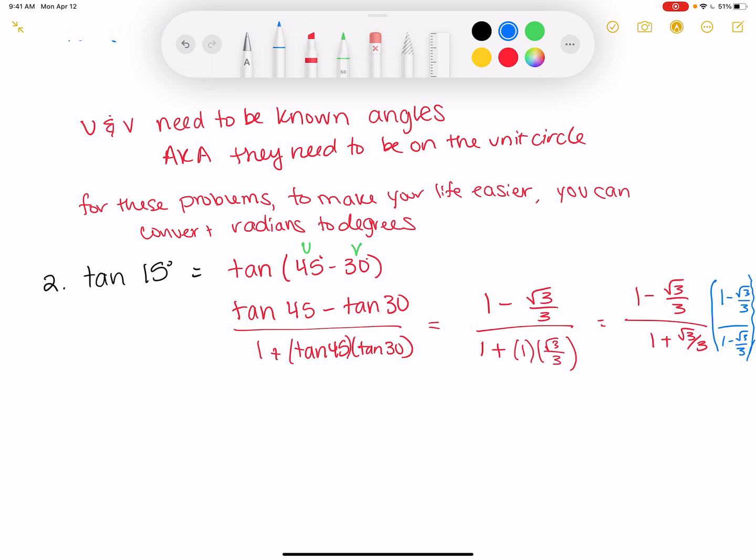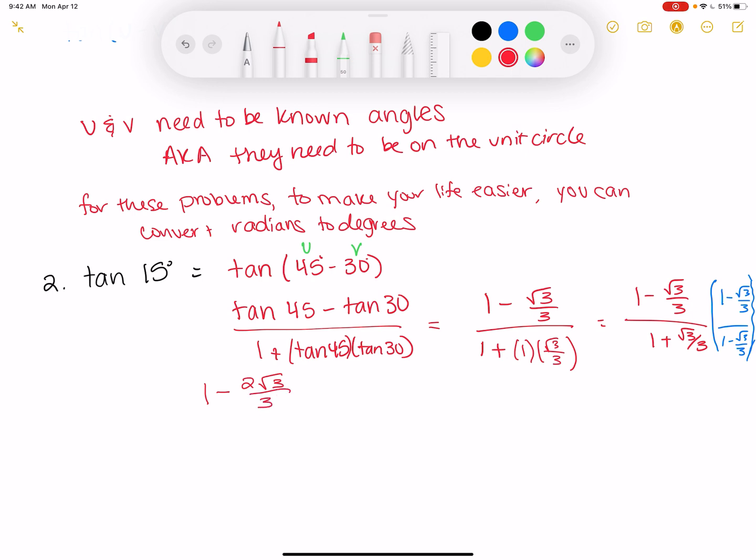So on top, what does that leave me with? Was it just 1 minus root 3 over 3 minus root 3 over 3?